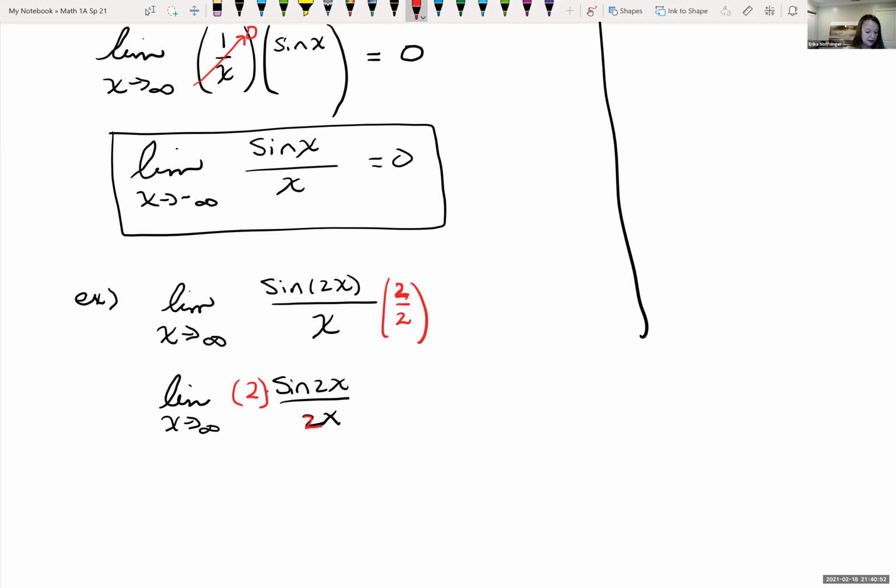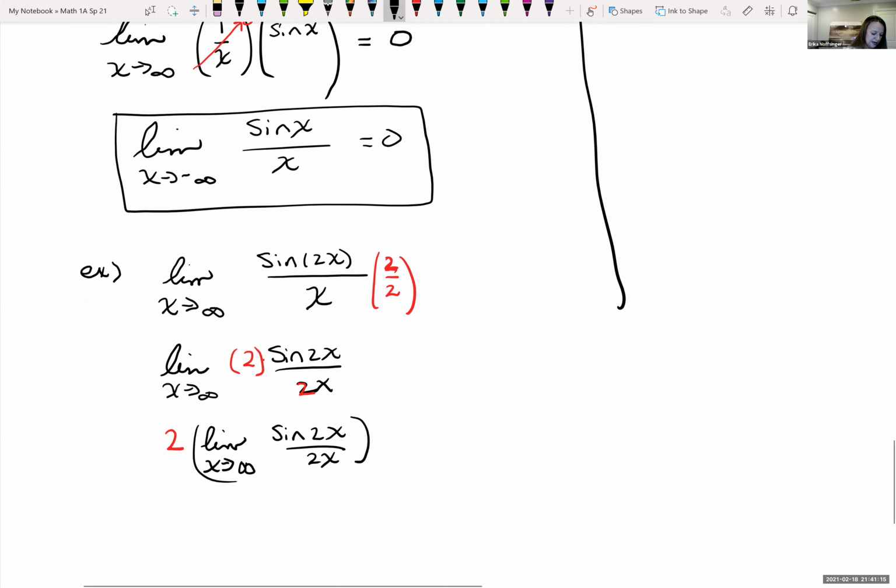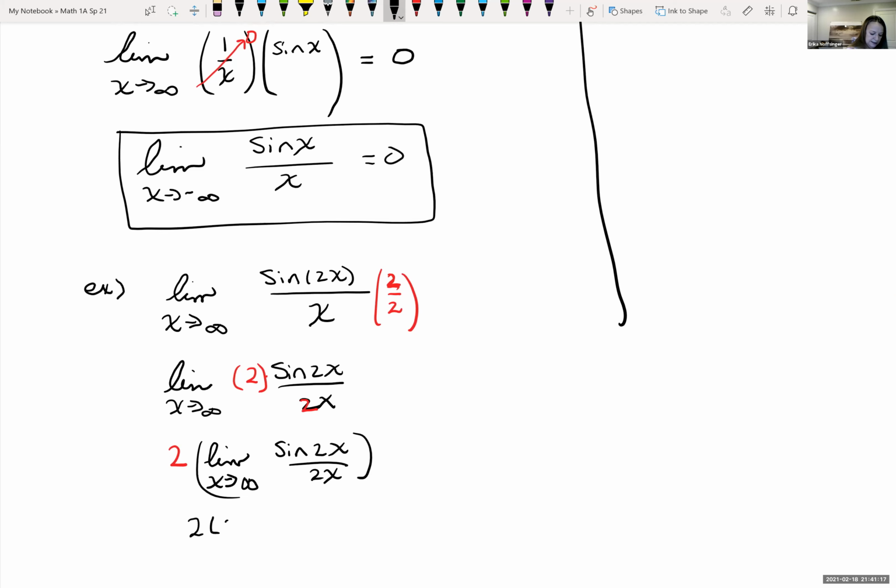Remember, if I have a limit of a constant times some function, I can take that constant times the limit of the function. Just applying my rules of limits, I'm not always writing these down. So I have 2 times the limit as x goes to infinity of sine of 2x over 2x. So this is 2 times 0, which is 0.